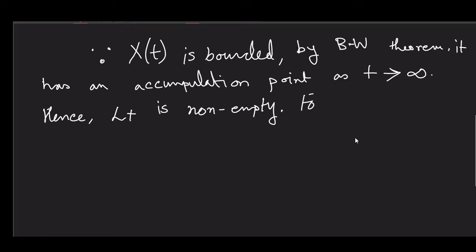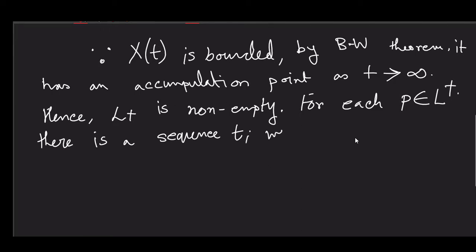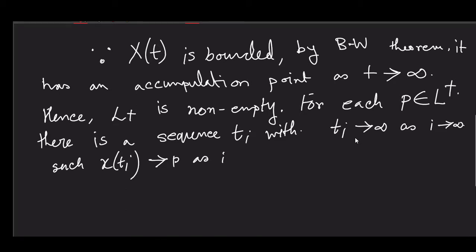Now for each p, we can write a sequence t_i with t_i tending to infinity as i tends to infinity, such that x(t_i) tends to p as i tends to infinity.